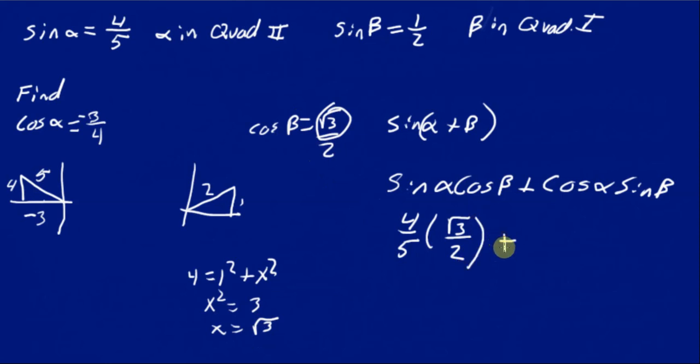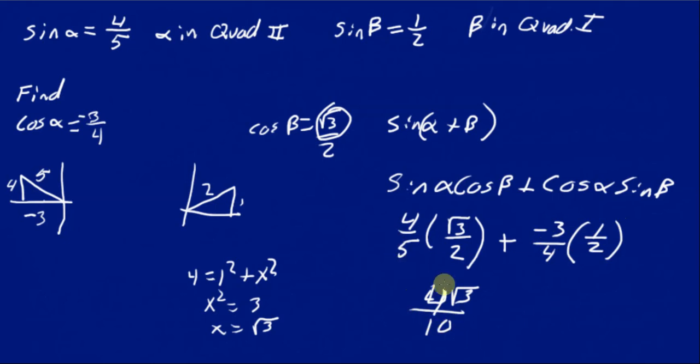And so this is going to be plus the cosine of alpha. Cosine of alpha is negative 3/4 times the sine of beta, which is 1/2. So 4 root 3 over 10.